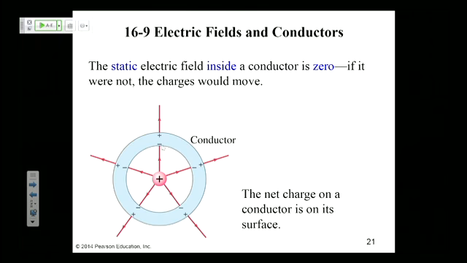This is positive, this is negative, so the field is opposite to the field due to the source here. So the two fields cancel each other within the conductor. When they cancel each other, then the net field within the conductor is zero. The net field is zero means the net force is zero, so now equilibrium is established.